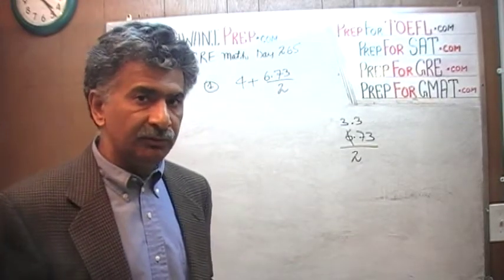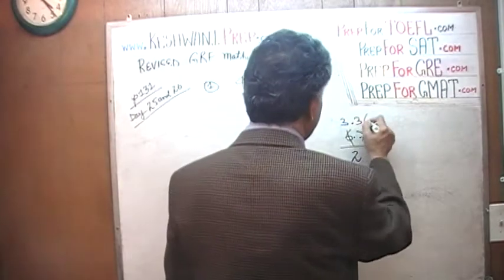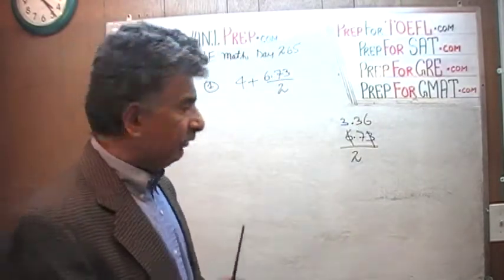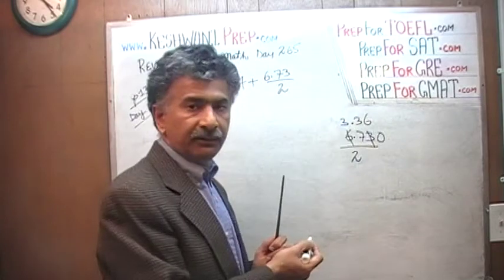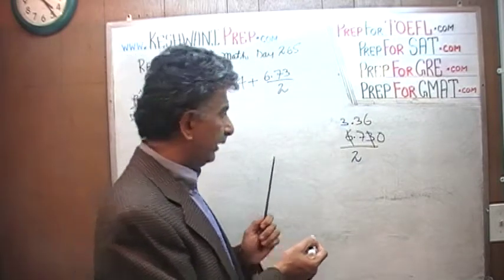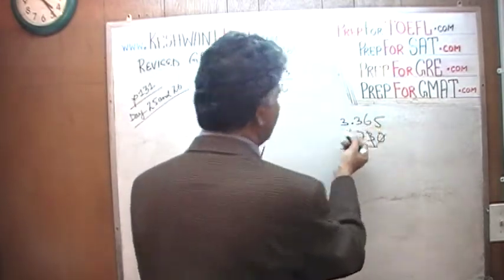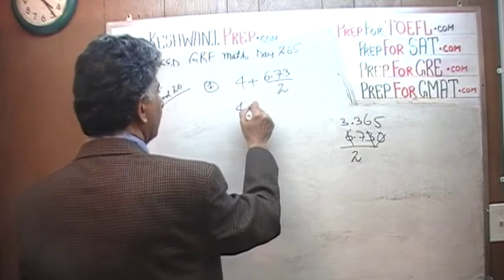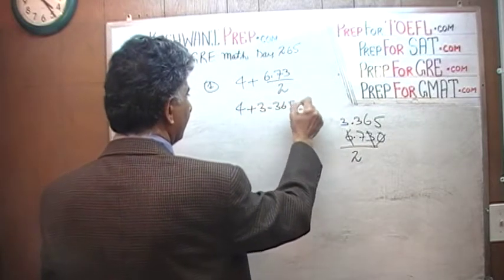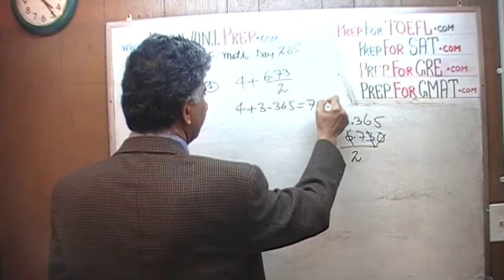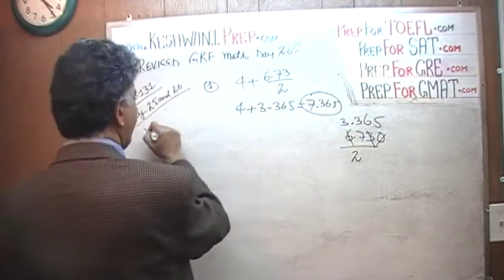How many 2's in 13? 13 has 6 2's. The remaining one goes and joins the 0, becomes 10. How many 2's in a 10? 10 has 5 2's. So it's 3.365. 4 plus 3.365 is going to give us 7.365, and that's our answer.